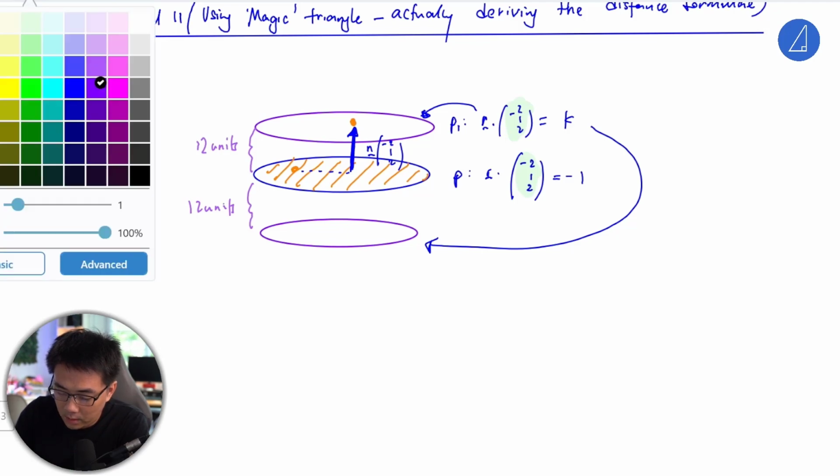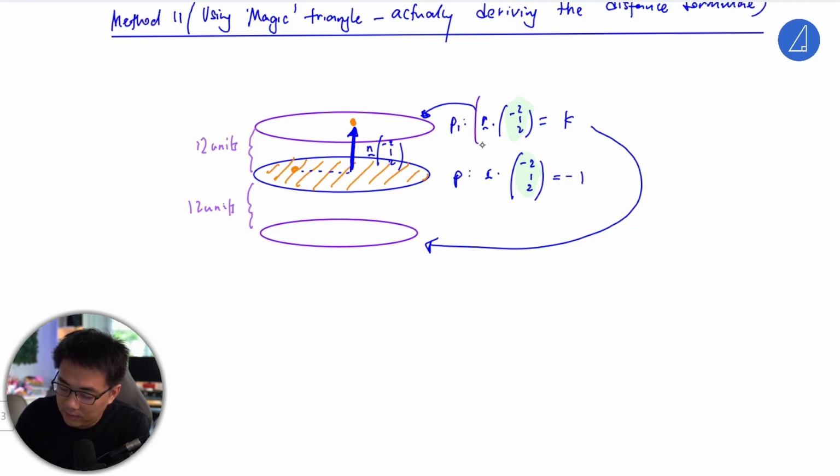You can, right? Any point which satisfies this equation will be on P1. So you can use 0, k, 0 as a point on the plane. 0, k, 0, you dot them, will be k, right? Correct or not?